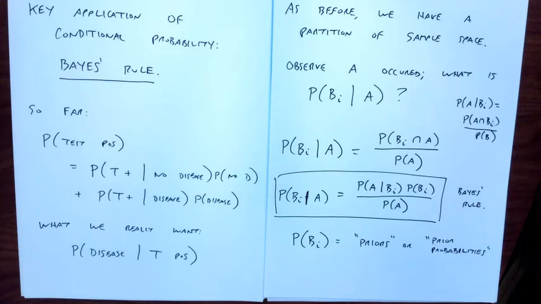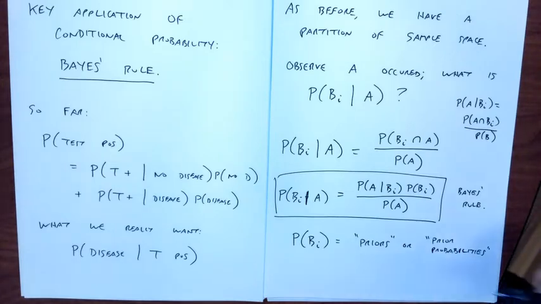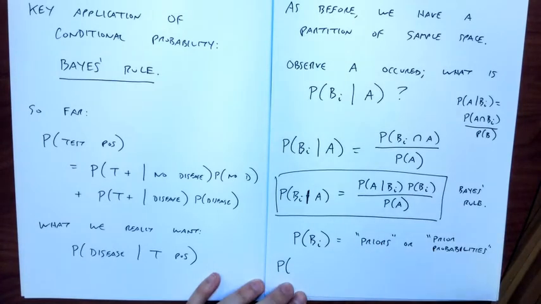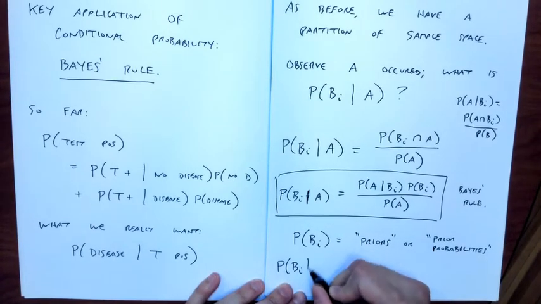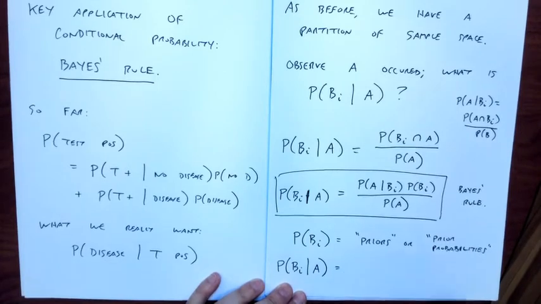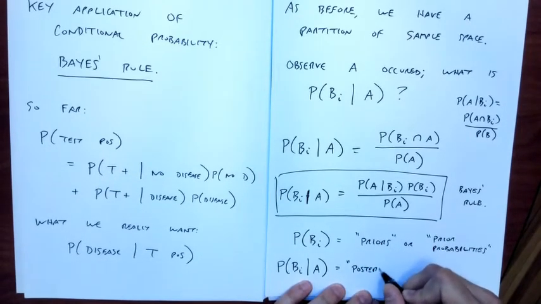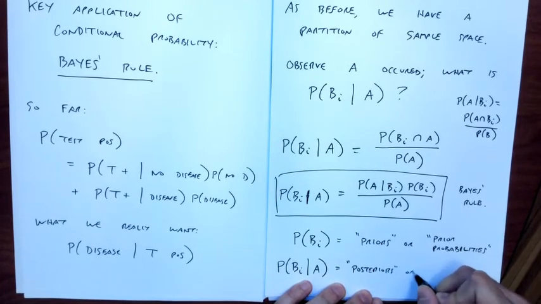What was the probability of each of these classes happening before I knew anything else, okay? And then the probability of B_i given A are what are called the posteriors, or the a posteriori probabilities.